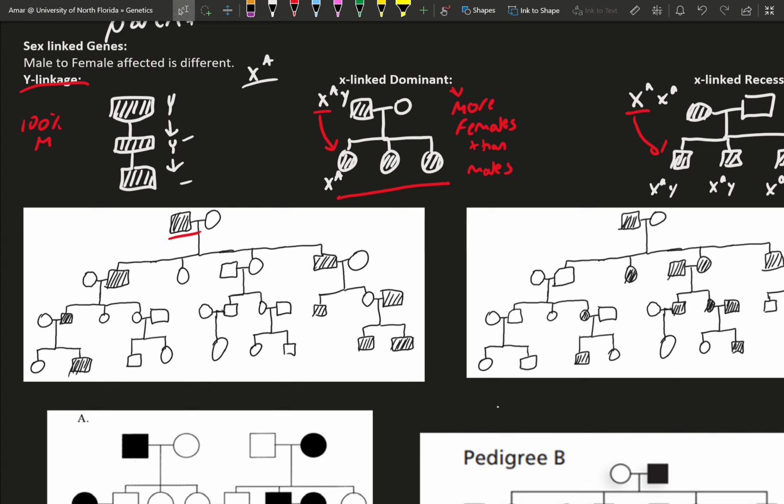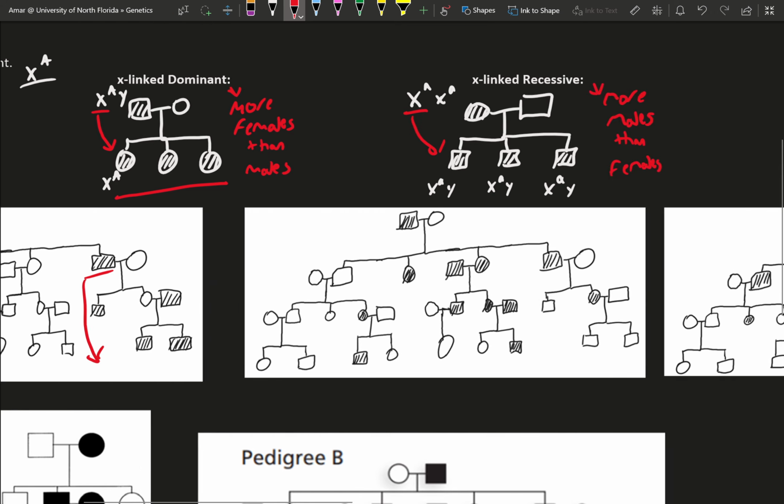His son is affected, and his son is affected too. And after this point, all of their sons are also affected as well, as you can see on the right side. So therefore, this one is Y linked. So like I said, pretty easy. You don't need to put a lot of effort into figuring this one out.